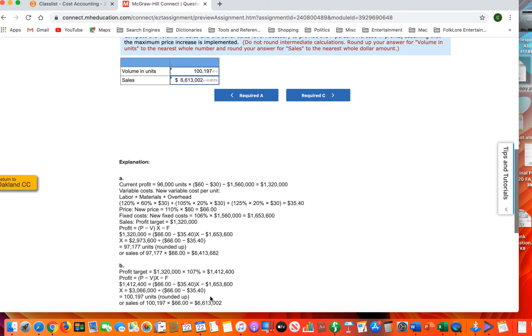So it has to be a rounding error because I got the same numbers they have there. I just backed into it. They use a formula, but you get the gist of it. Once you know the contribution margin total, and you divide it by the contribution margin per unit, you get the number of units that you have to sell.